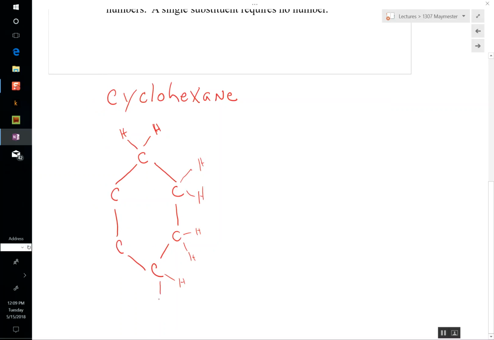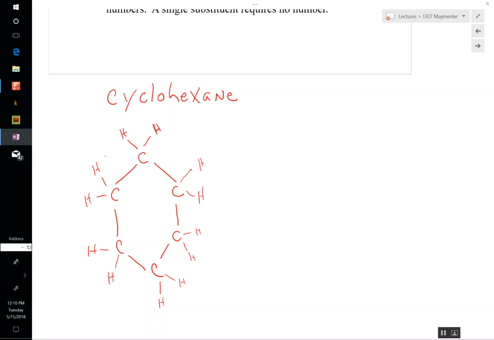Somehow writing on here with it sticking up in the air is a little hard. All of a sudden I feel like I'm left-handed, or trying to write left-handed. Okay? And notice what this is. These are on the outside of the ring. So don't draw one hydrogen in the ring and one outside the ring. It gets pretty ugly inside the ring that way. And it actually is a little bit more accurate to have them pointing out like that.